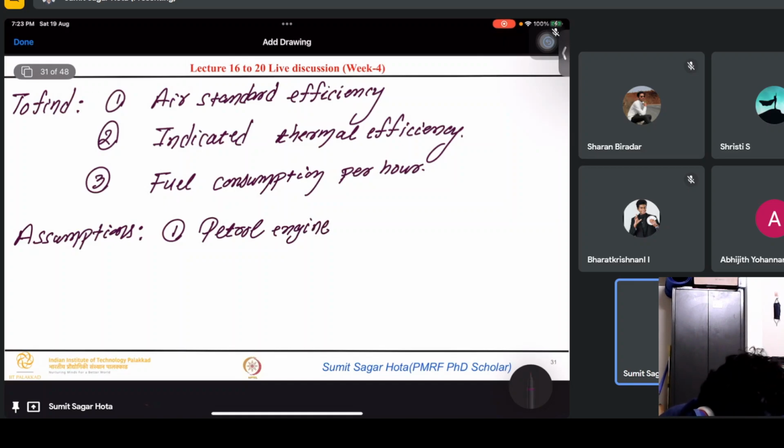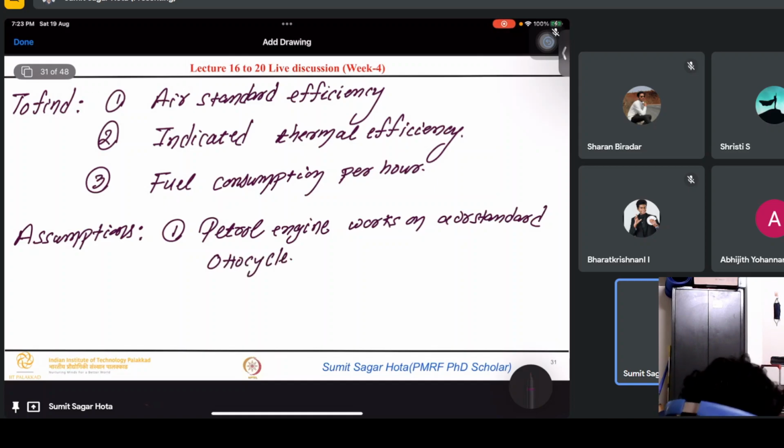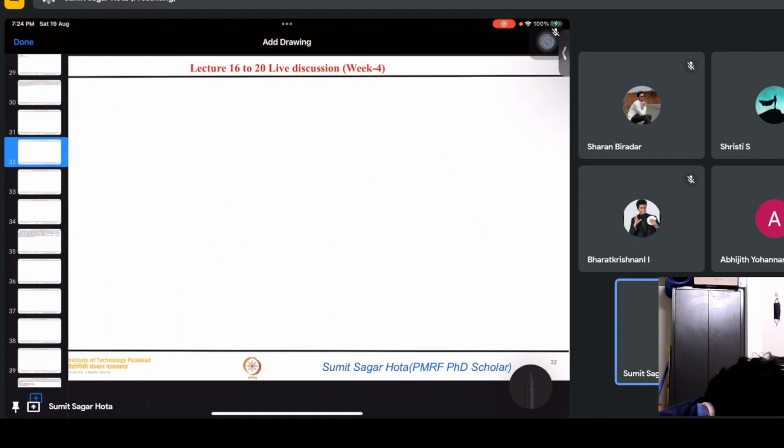Petrol engine works on the air standard Otto cycle. Then another assumption, gamma is equal to 1.4. So assumptions done, let's go to the solution.